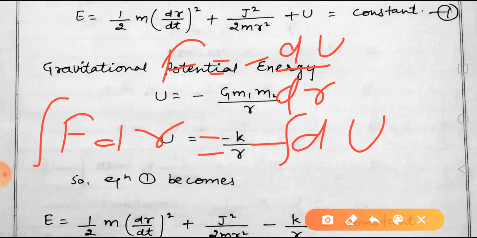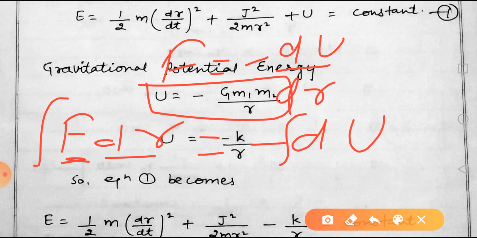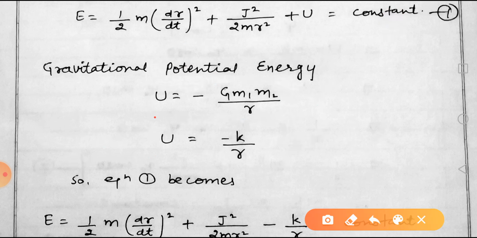Put the value of F here, which is minus G m1 m2 upon r square. dr is equal to minus du, and if we integrate both sides, then the potential energy u is equal to minus G m1 m2 upon r, and we know that G m1 m2 is a constant which is k, then u is equal to minus k upon r.